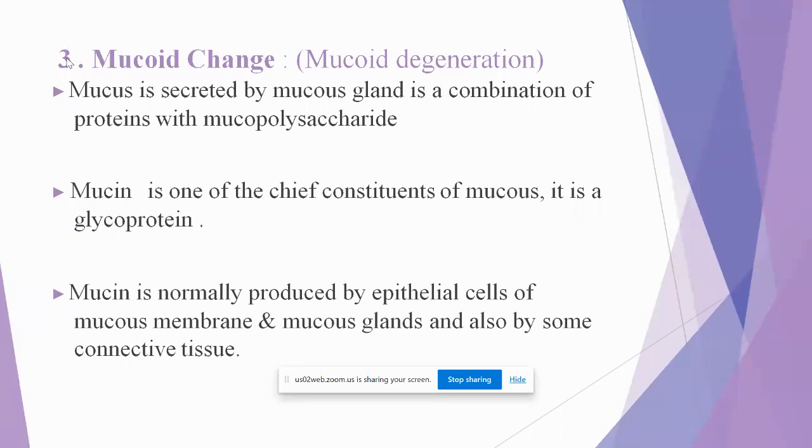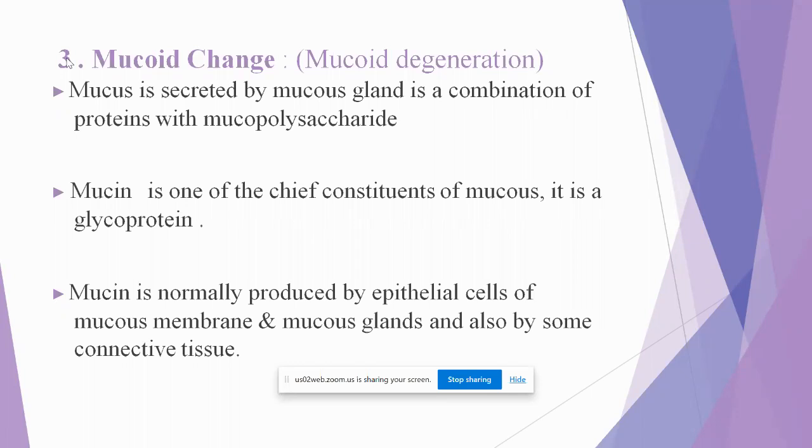Next one is mucoid change. Mucoid change is also known as mucoid degeneration. Mucus secreted by mucous glands is a combination of proteins with mucopolysaccharide. Mucin is one of the chief constituents of mucus.